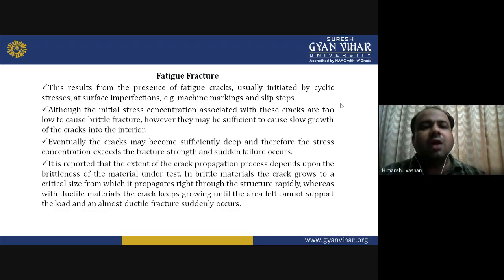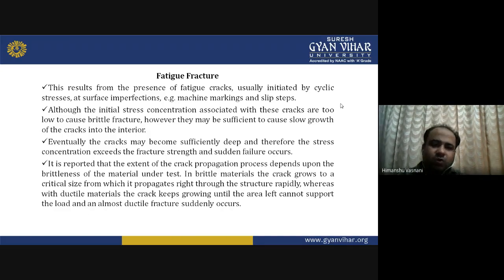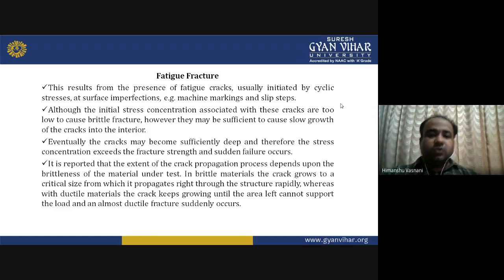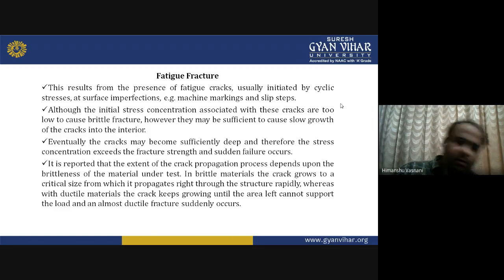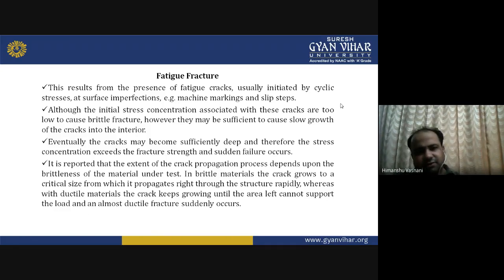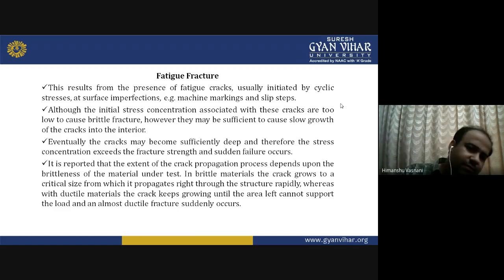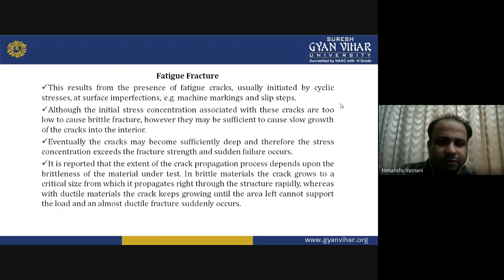The initial stress concentration associated with these cracks may be too low to cause brittle fracture. However, they may be sufficient to cause slow growth of the cracks into the implant.